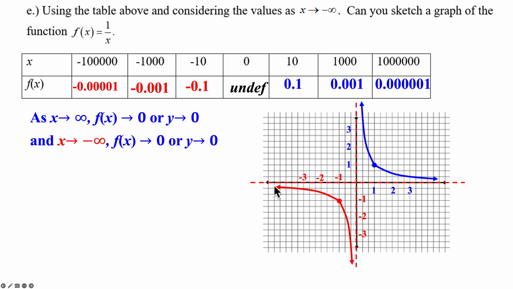As I approach from the left, as I get to 0, again, no x-intercept making me turn up, so I have to turn and I'm going down to negative infinity. So again, as you approach a constant from the left and from the right, one side goes up, one side goes down.